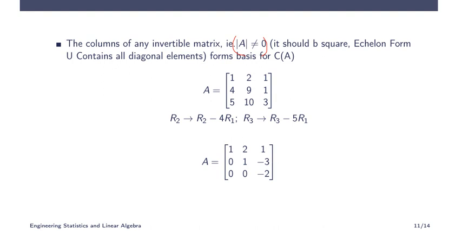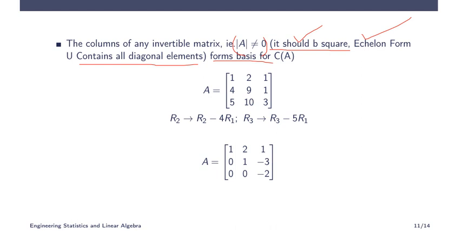Otherwise, instead of checking whether the determinant is 0, you have to check these two conditions: whether it is a square matrix and the echelon form U contains all diagonal elements, or the number of pivot elements is the number of rows or number of columns, since it is square. If that holds, then it is an invertible matrix. Then all the columns of that matrix form the basis for the column space of A.